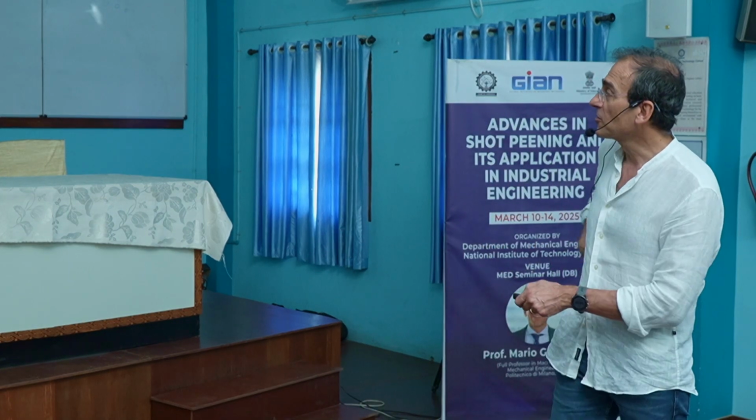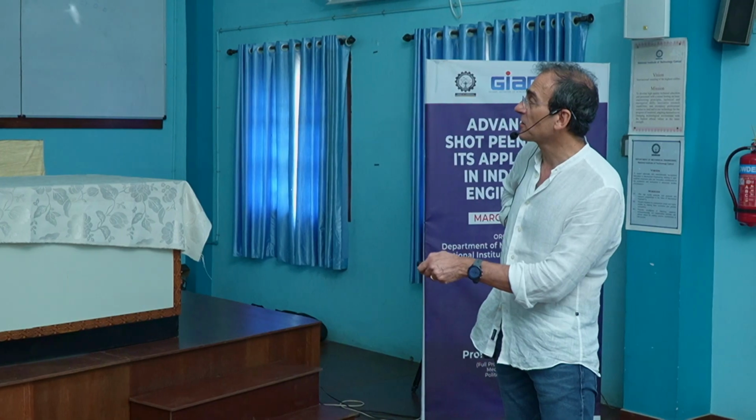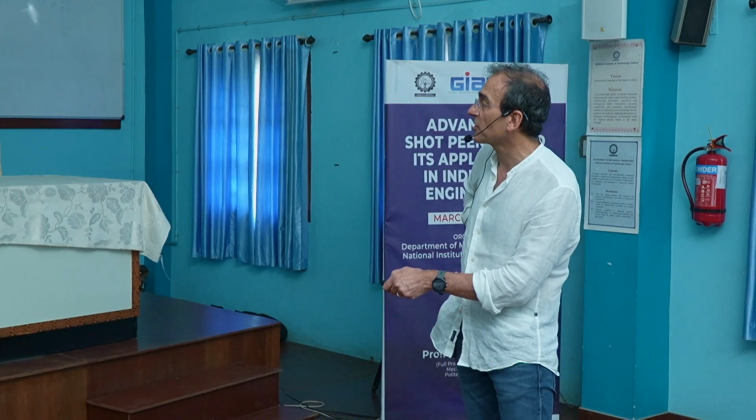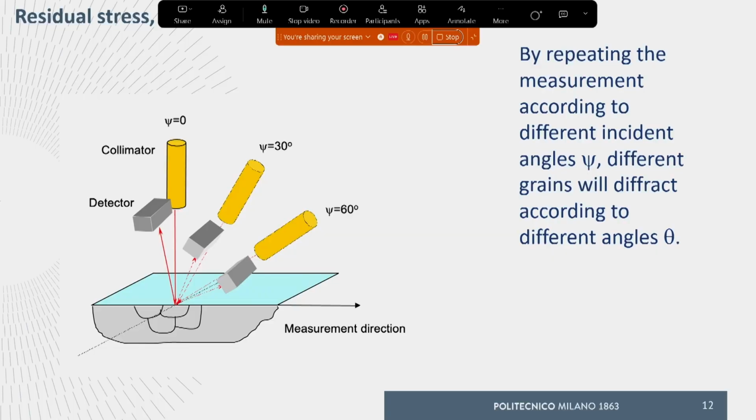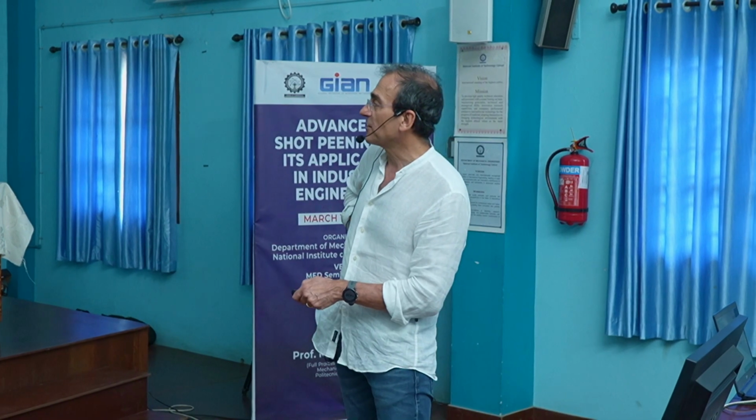That is not theta, it's not the diffraction angle. So psi equal to 0 means that the collimator is perpendicular to the free surface. Psi equal to 30 means that the collimator is inclined 60 degrees with respect of the horizontal line and 30 with respect of vertical line, and so on.